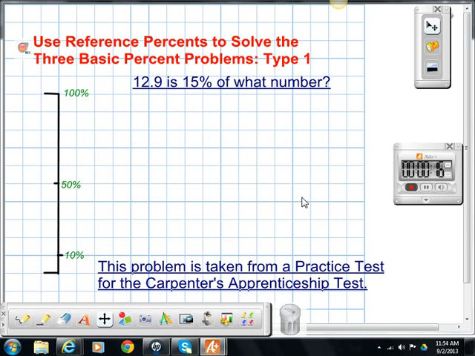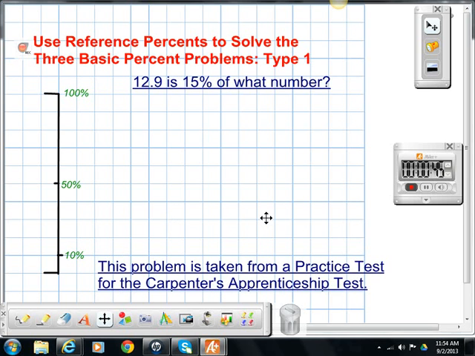Today, I would like to share a video tutorial on how to do one of the three basic types of percent problems. The problem that we're looking at today is taken from a practice test to prepare a person to take the Carpenter's Apprenticeship Test.